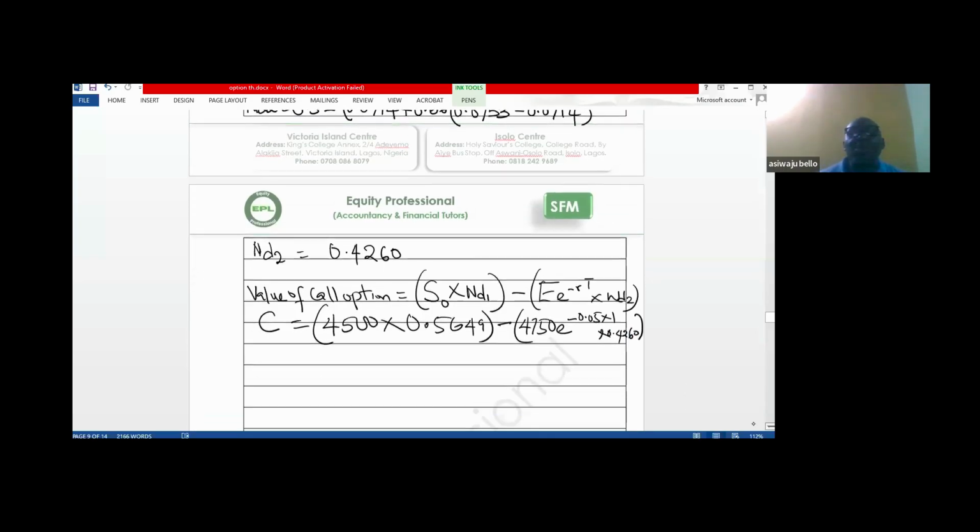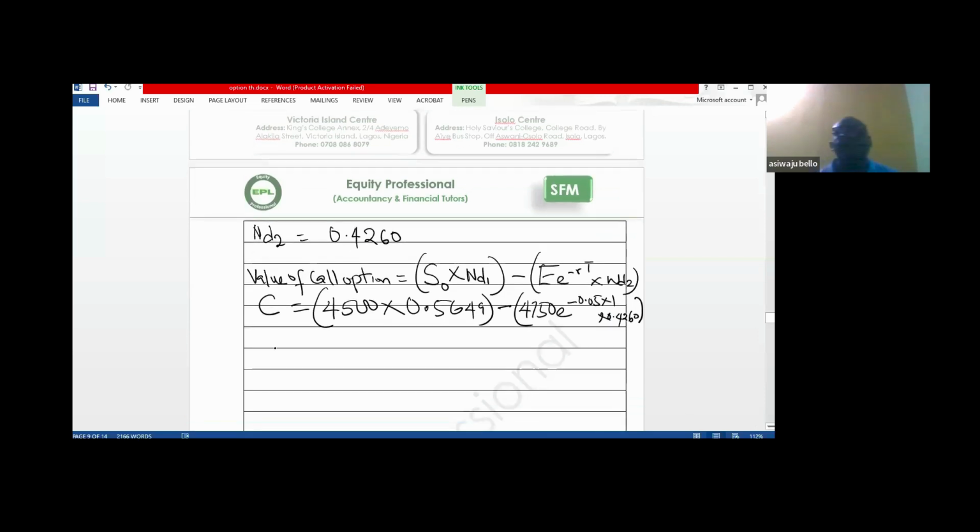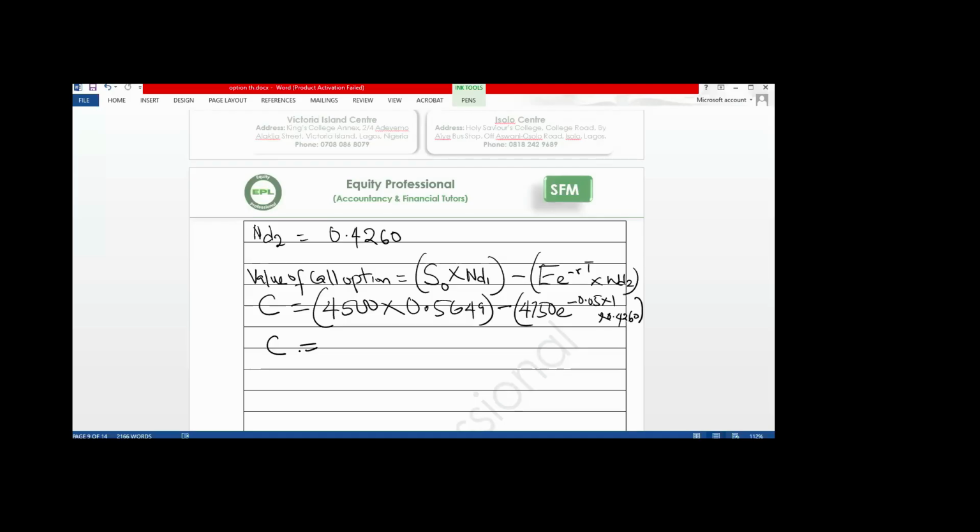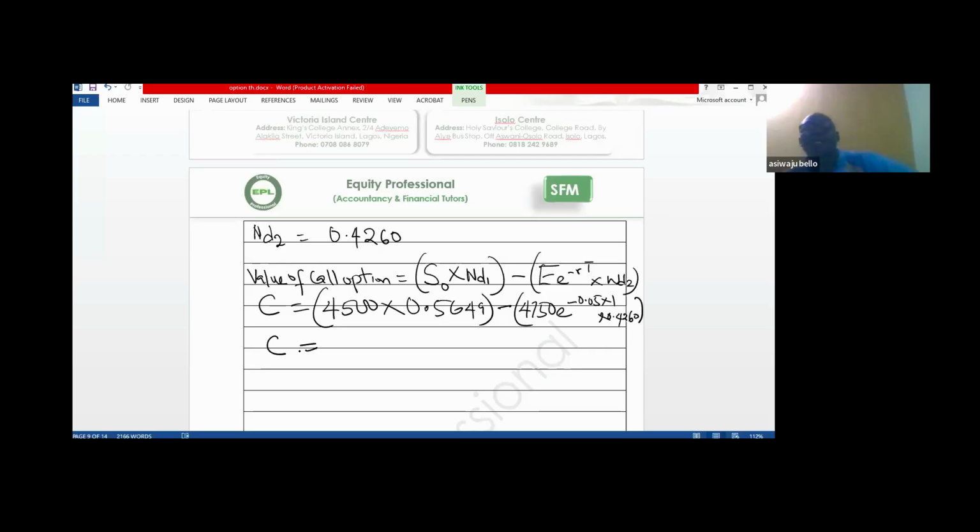What is the value of the call option? Please apply your calculator. What is the value of the call option? 841.89. Got minus.